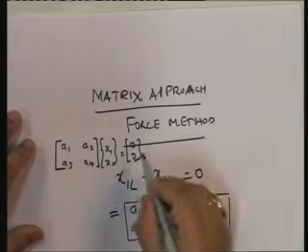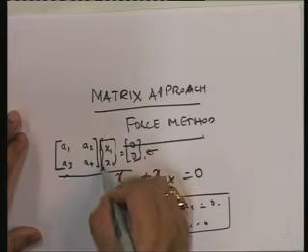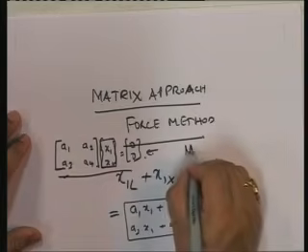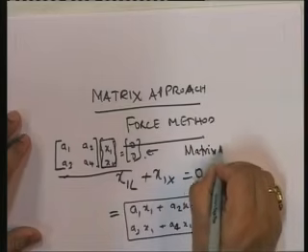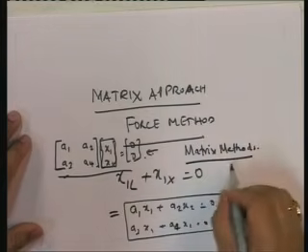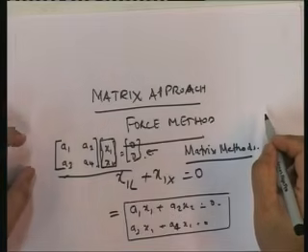And this is nothing but a matrix. What do we need to do? We need to solve for x1 and x2, and we can solve that using the matrix methods. That is not the only aspect of the matrix approach.